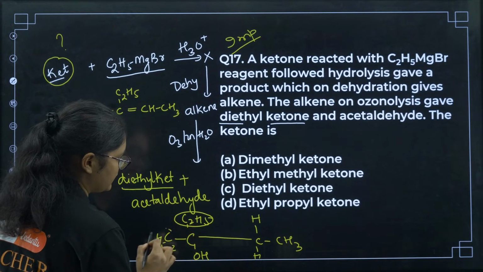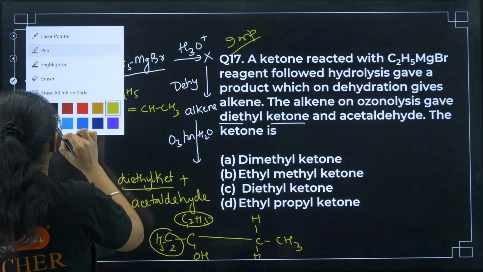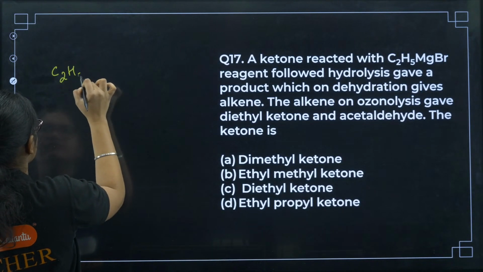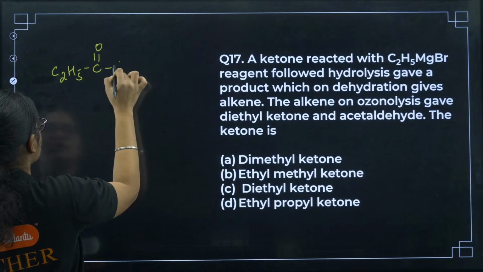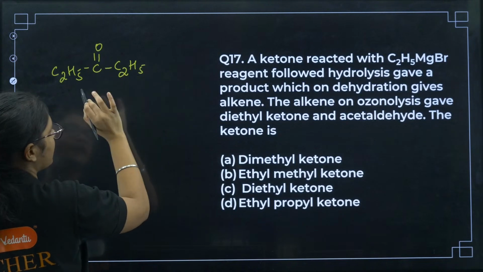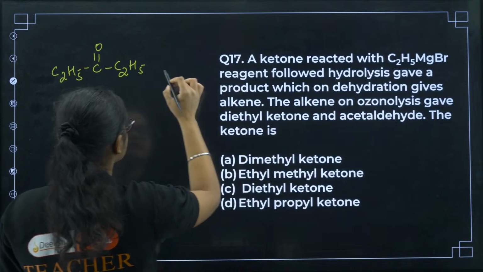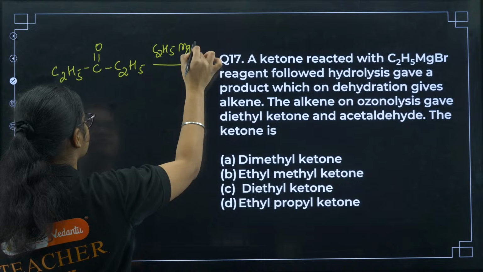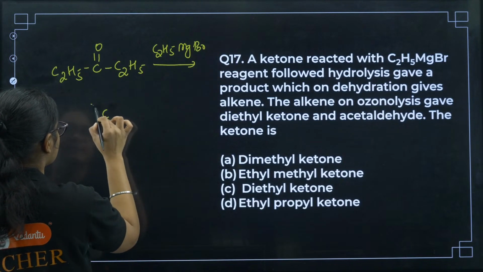If I take this diethyl ketone, let me try from the starting. If I have diethyl ketone, C2H5, C double bond O, C2H5, this is diethyl ketone. Then you react it with C2H5MgBr. So what will I get here?